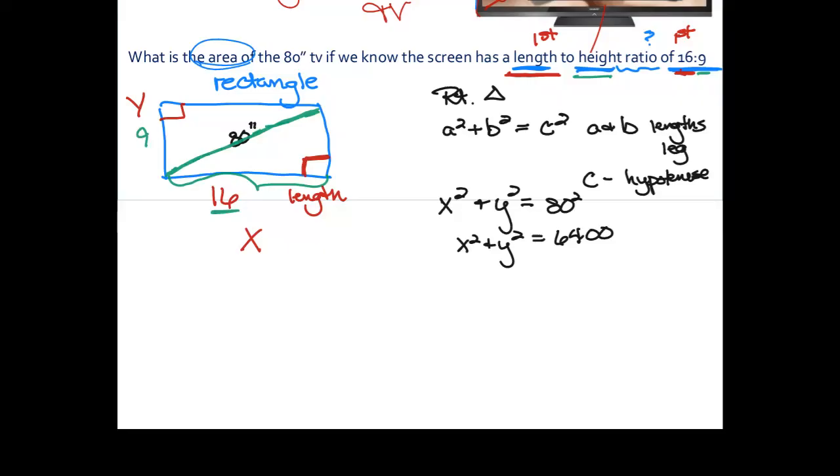So we go back. We said this is in a ratio of 16 to 9. We have to use that ratio.